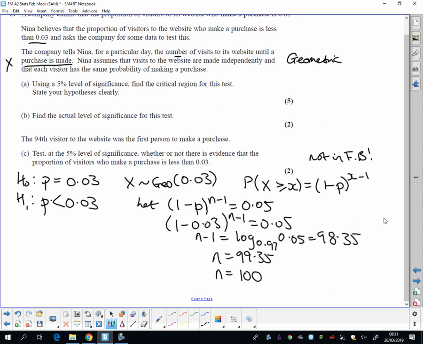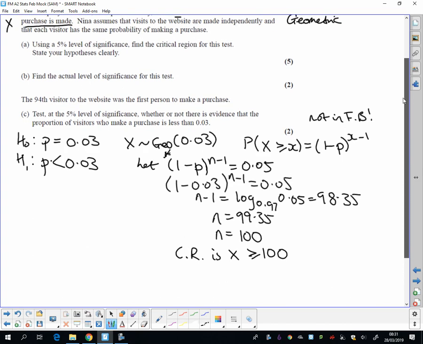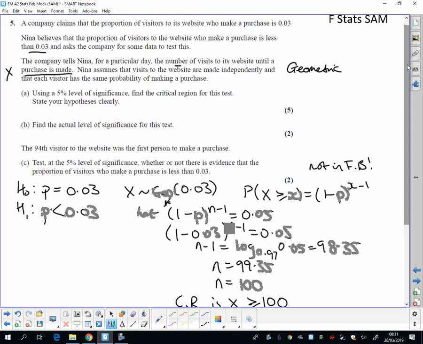If you're not sure, just try subbing in 99 and 100 into your formula and see which one comes out as above or below 5%. So our critical region is X is greater than or equal to 100. Remember, your critical region isn't a probability, it's a range of values for X. Right, so there's our critical region.